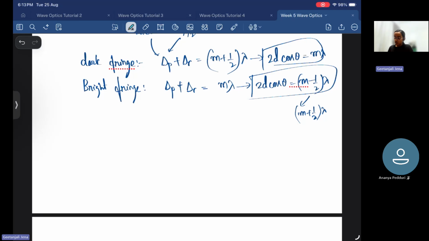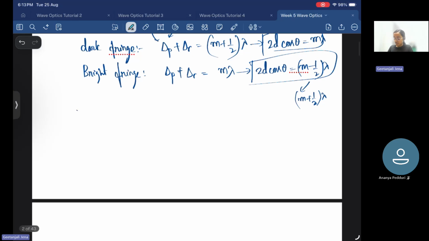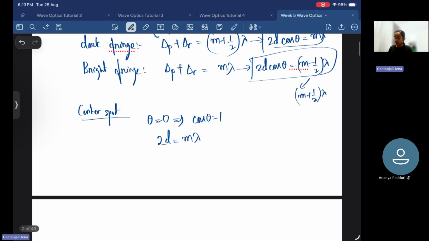So let us say we are seeing a dark fringe at the middle of this Michelson interferometer. For the center spot, the ray is incident directly on the detector, so theta is 0 and we can take cos theta as 1. So for the central spot, the condition is 2D equal to m lambda.